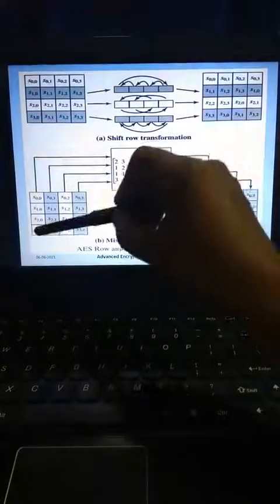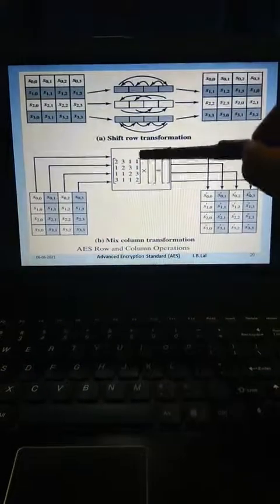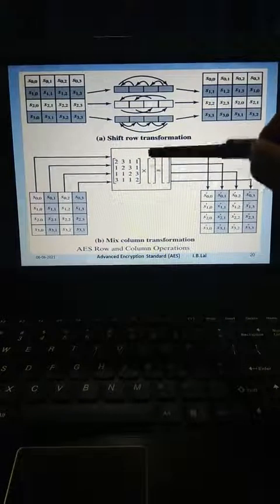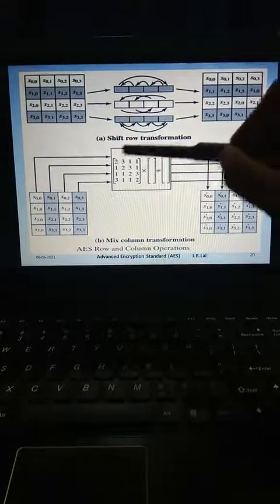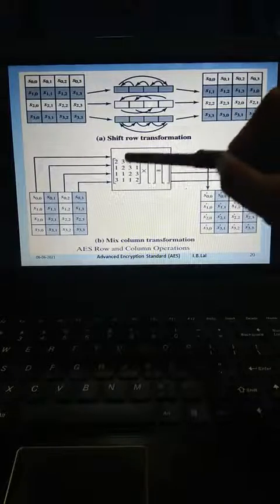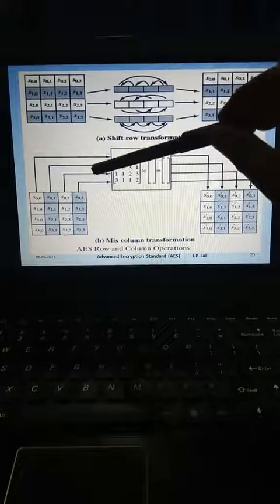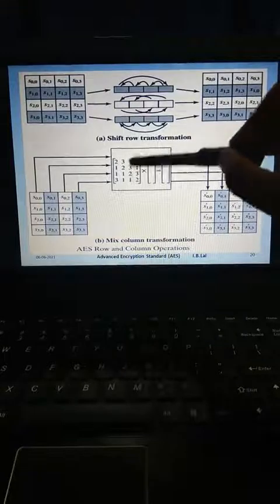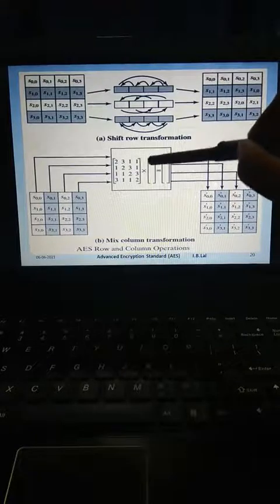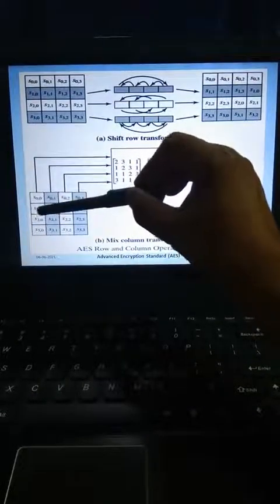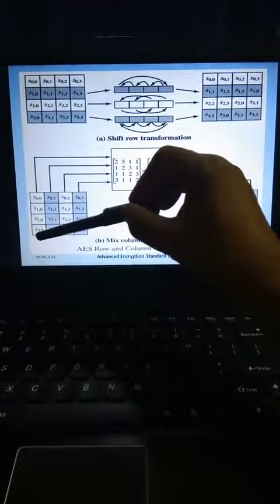Okay, one word, see here, one word, and this one column matrix would be multiplied by this predefined matrix. Is it clear? This is predefined matrix, and this space would be filled by this one column of input, S00, S10, S20, and S30.